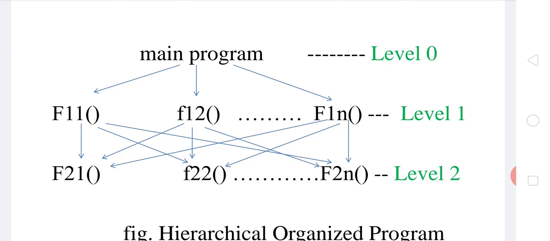The main program utilizes all services of level 2 without implementation details. Here a level of abstraction is created. The main program is kept at level 0 and the functions are kept at level 2, so the main program doesn't know about level 2 functions. Here the level of abstraction is created.